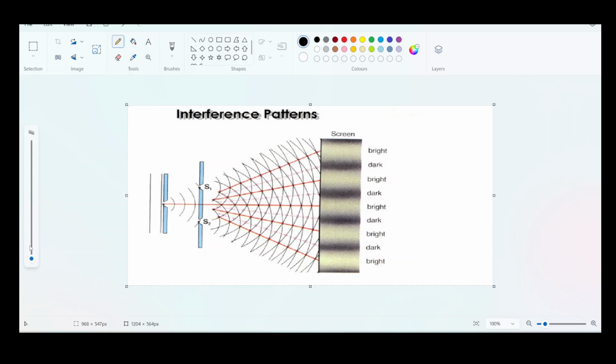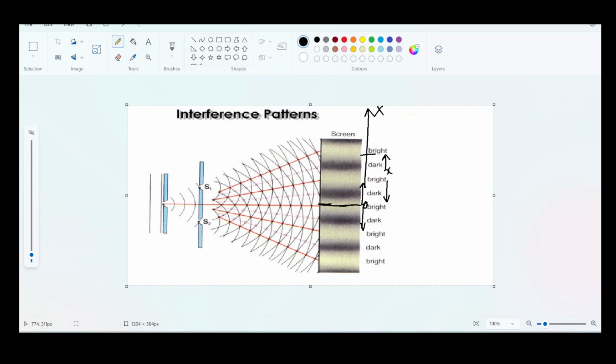So from where am I talking about X? From here, let us say this is 0. And if in the up direction you have positive X, in the down direction you have negative X. So this is the X axis. At a certain place over here, at a certain distance X from the center.